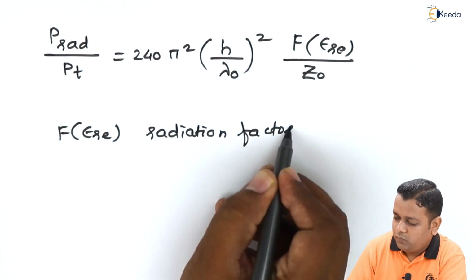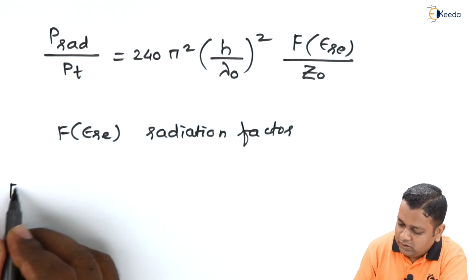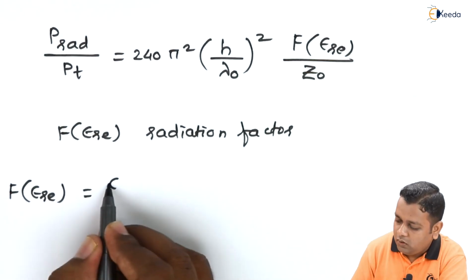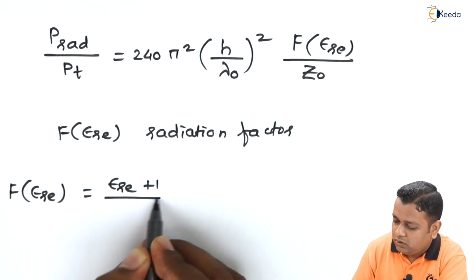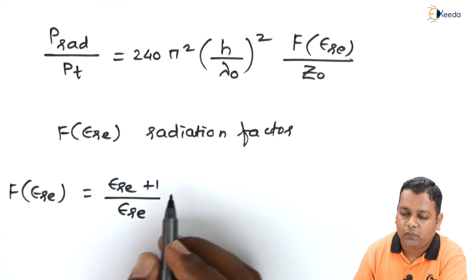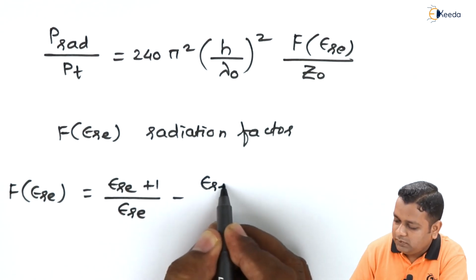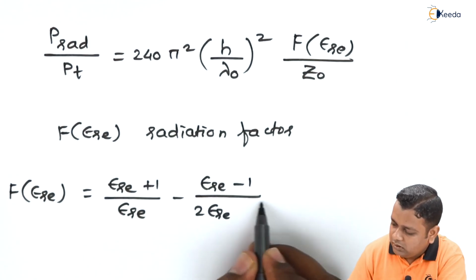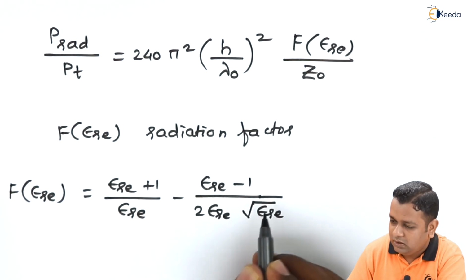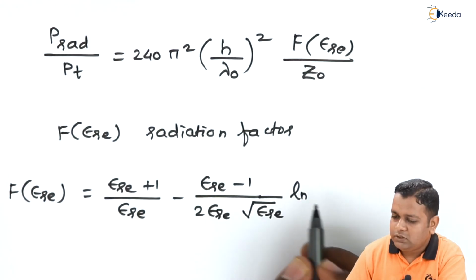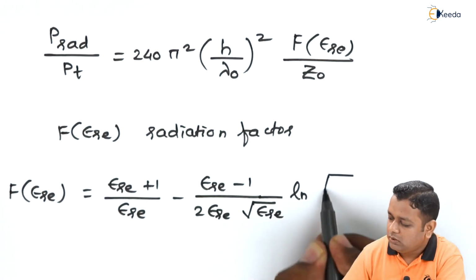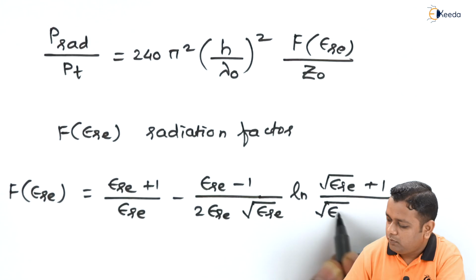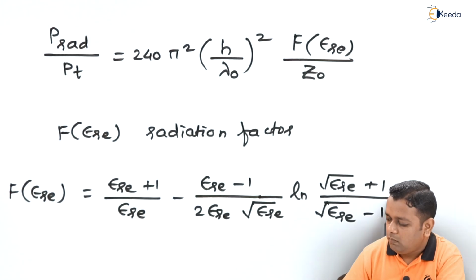Here capital F as a function of epsilon_re is called the radiation factor, and it is given by epsilon_re plus 1 divided by epsilon_re, minus epsilon_re minus 1 divided by twice epsilon_re times the square root of epsilon_re, multiplied by the natural logarithm of the square root of epsilon_re plus 1 divided by the square root of epsilon_re minus 1.